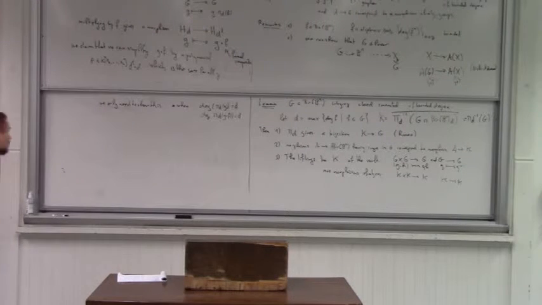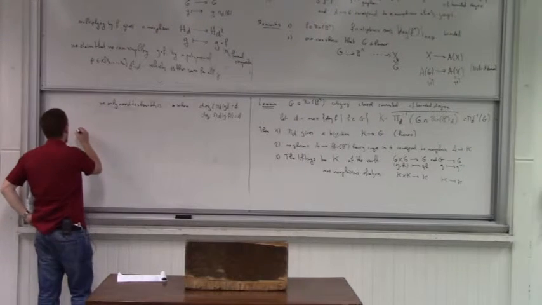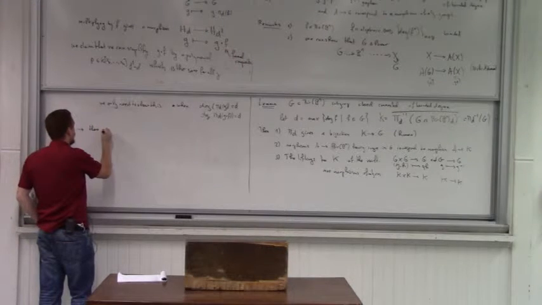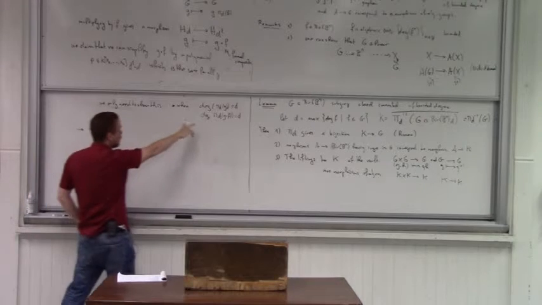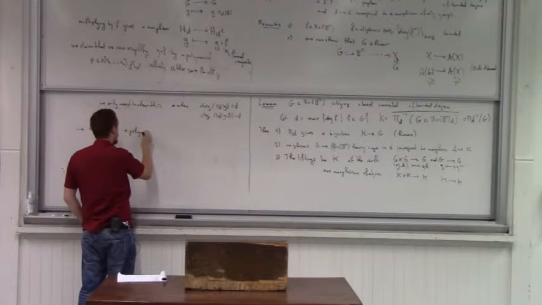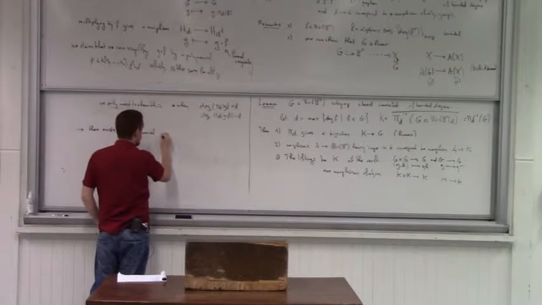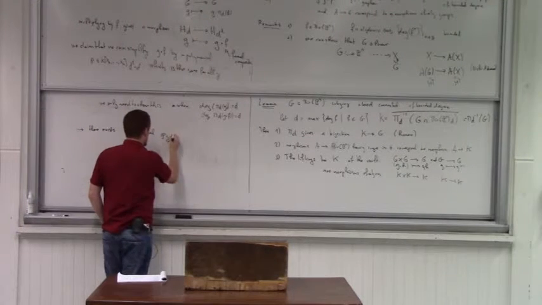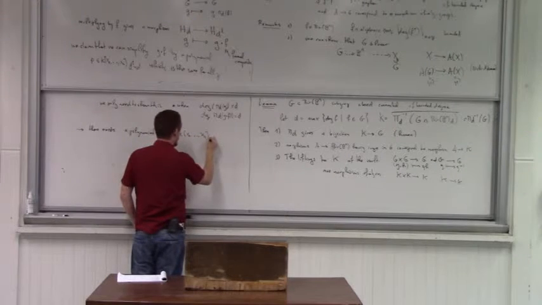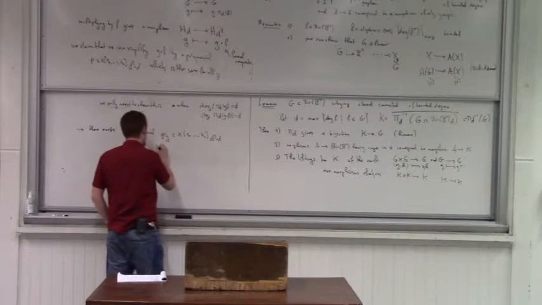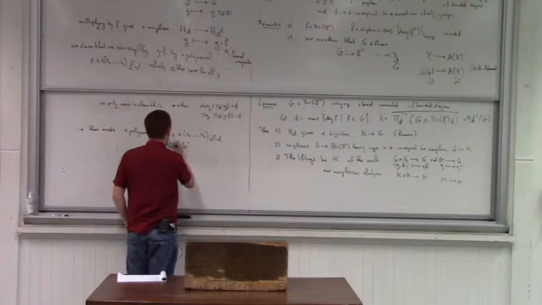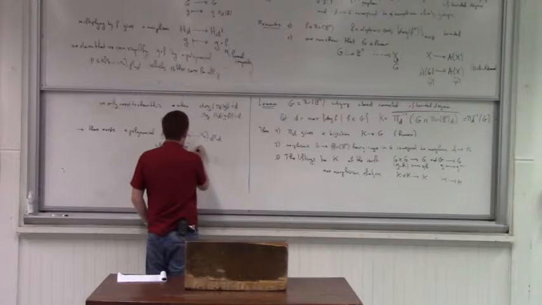So I do this, and what is good with this is that now there exists a polynomial pg of degree d square minus d, which divides g.